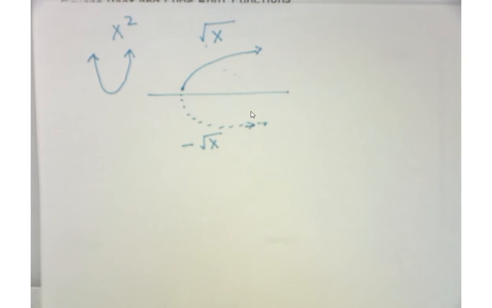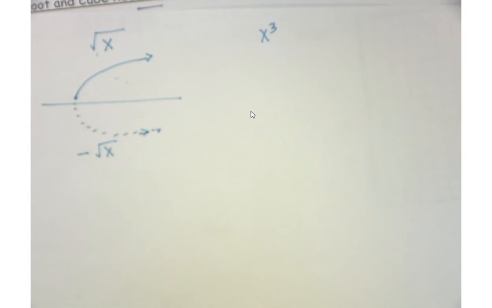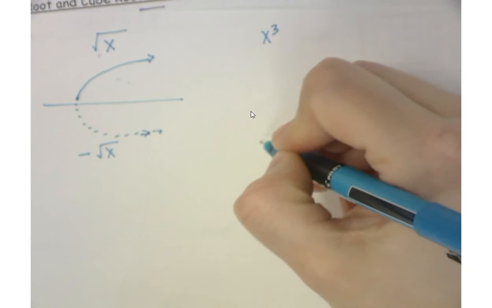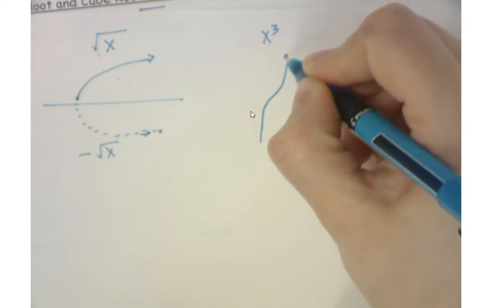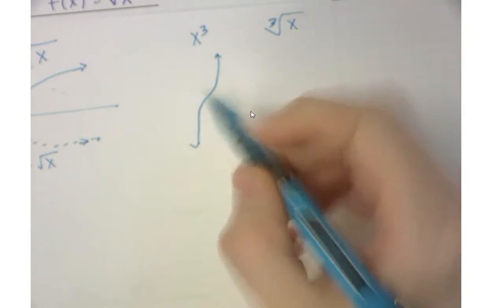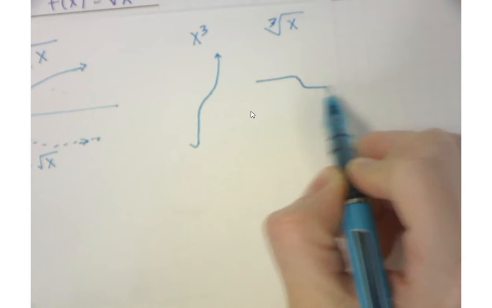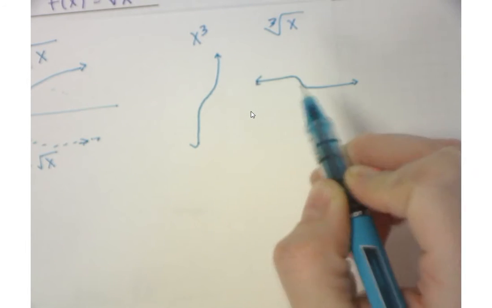Do you guys remember what a cubic function looks like? Cubic, x cubed. Okay, so if we have the cube root of x, we're going to see this is also a reflection. It's going to look like this.